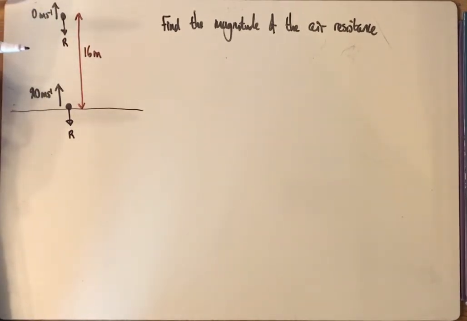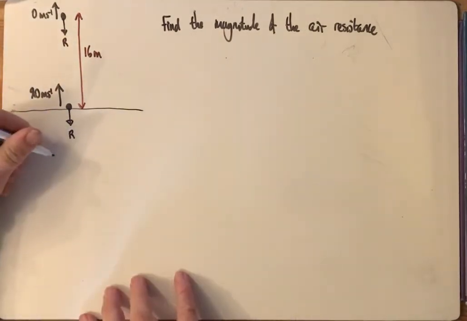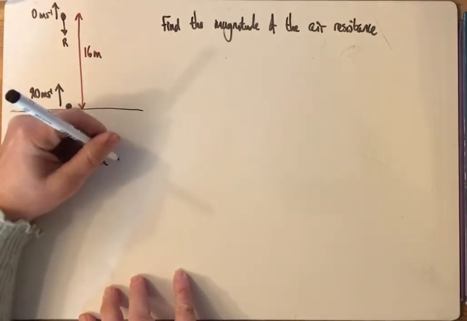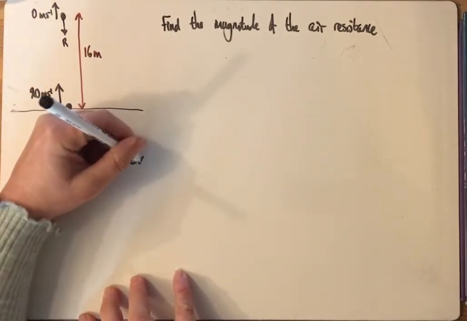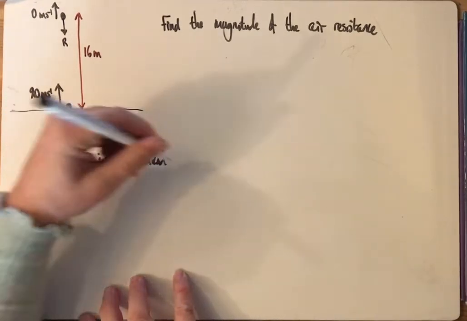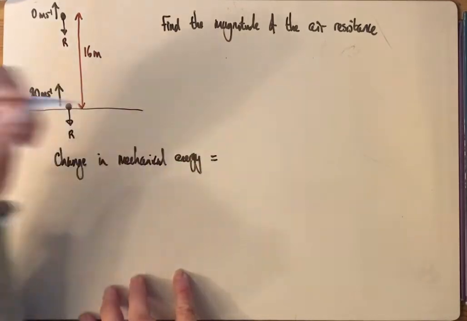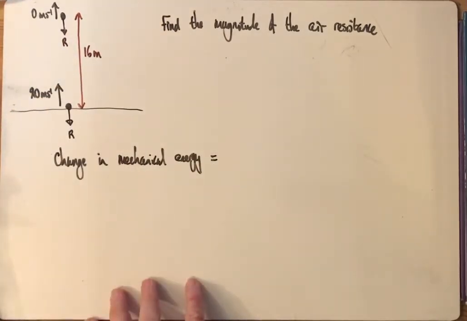So to find the change in mechanical energy, we need to look at doing the kinetic energy lost, take away the potential energy gained. So I forgot to give you the mass of the ball.